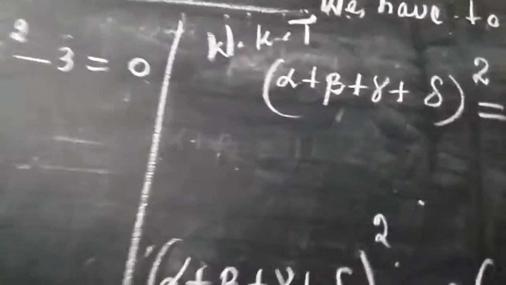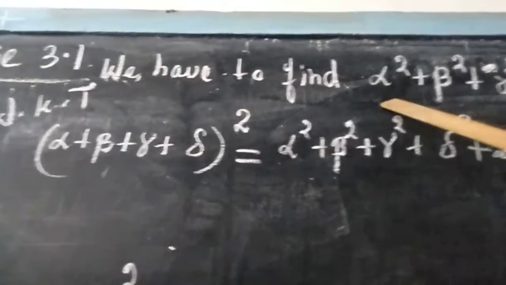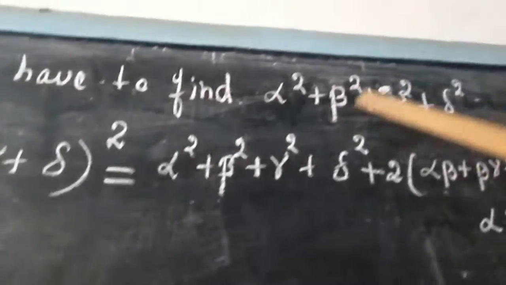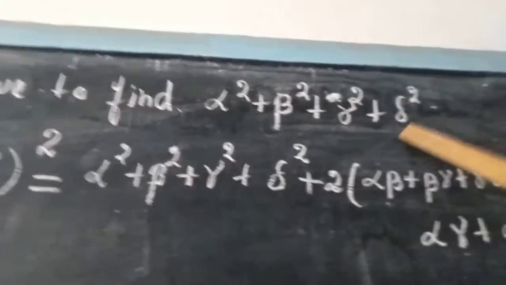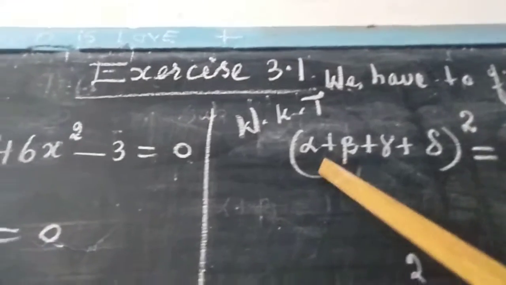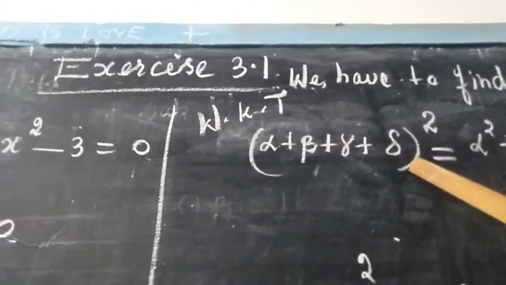Next, the question is asking us to find the sum of the squares of all the roots. So we are trying to find out alpha square plus beta square plus gamma square plus delta square. We know the formula: in place of alpha, beta, gamma, delta, we can take a plus b plus c plus d the whole square.